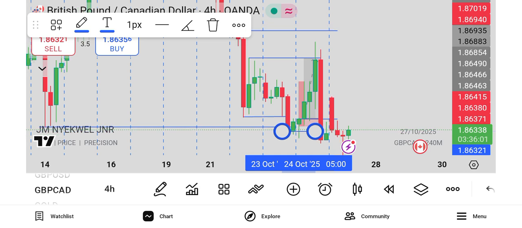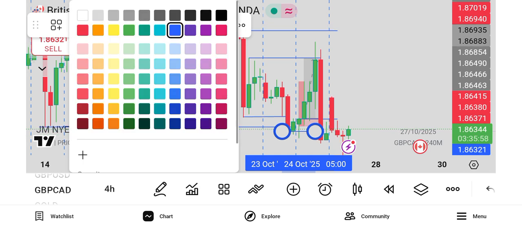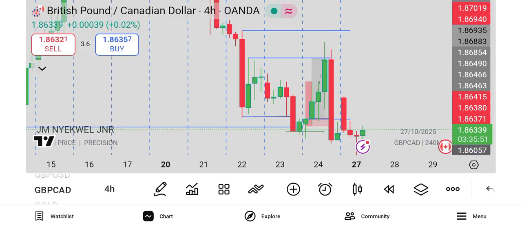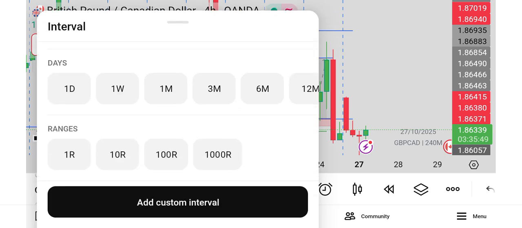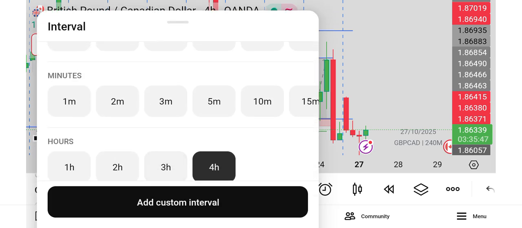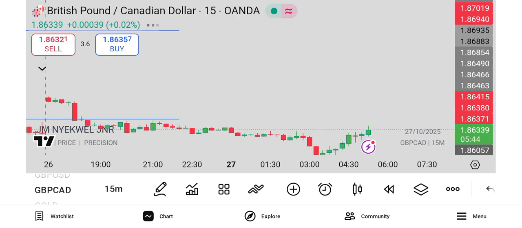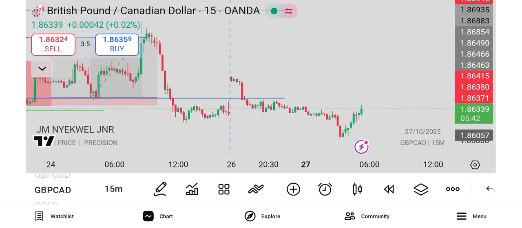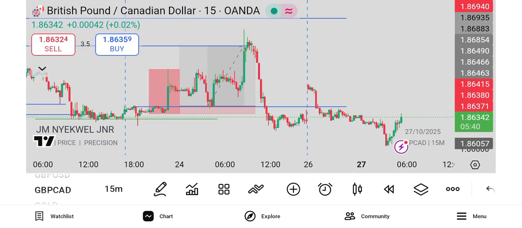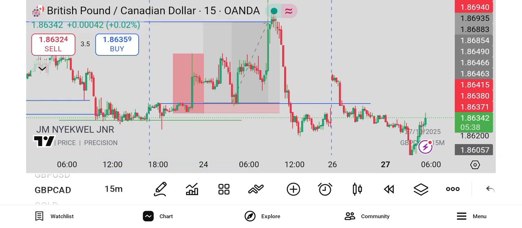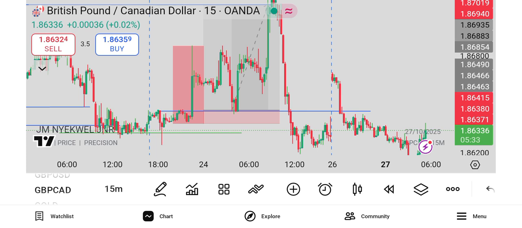Let's make it green. So we come to 15-minute time frame. Yes, it's our rejection block. So after your rejection block has been retested.